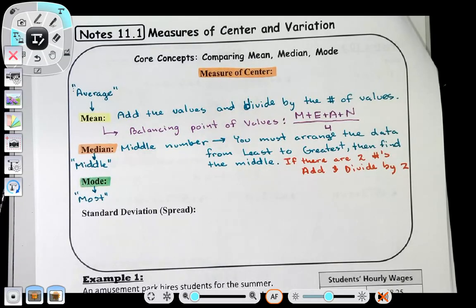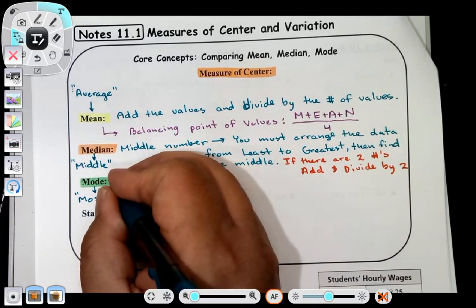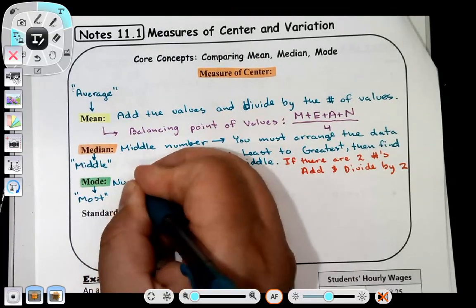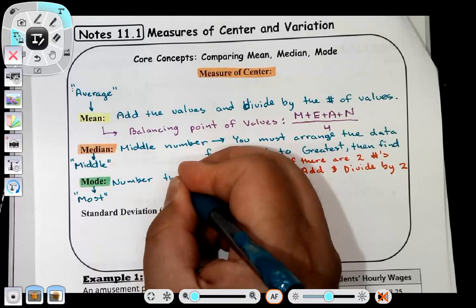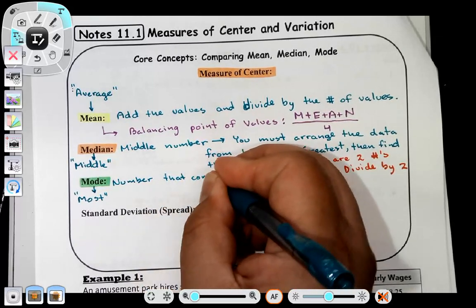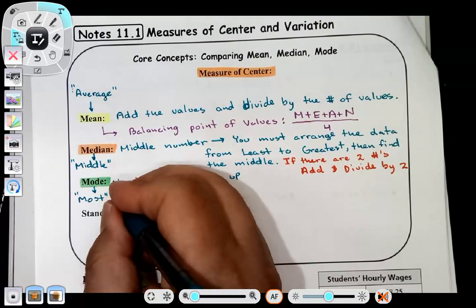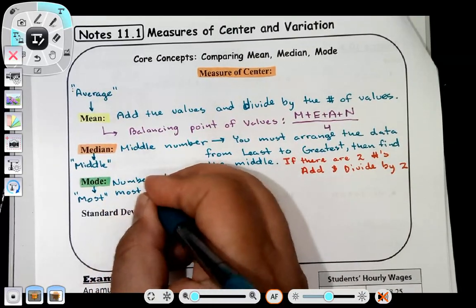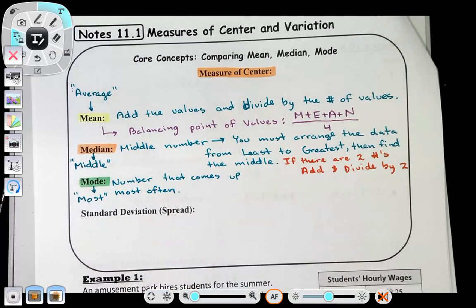So again, this one right here for the mode, it's the number that comes up most often. There you go. It's the number that comes up most often.